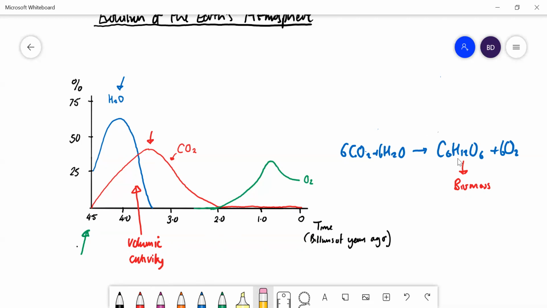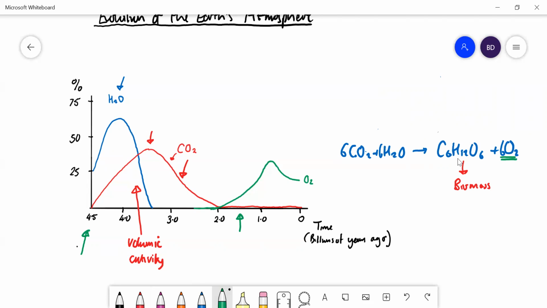Right, so we're getting photosynthesis occurring here, and you may think, well, why isn't the level of oxygen going up at that point? The level of oxygen didn't seem to increase until a lot later, when you got appreciable amounts of oxygen. That was because at first any oxygen produced during photosynthesis reacted with iron.